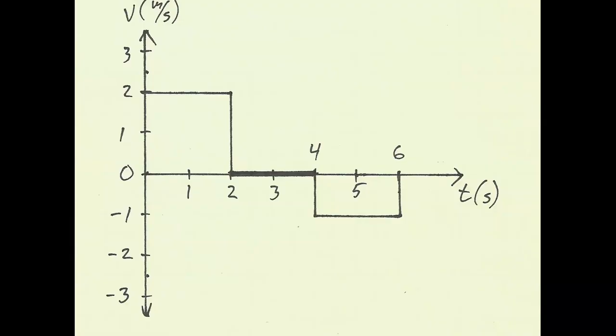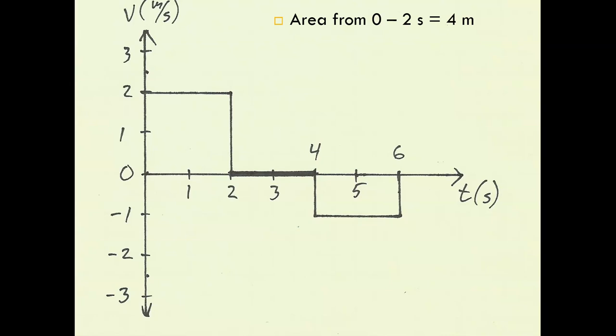Okay, so if we take a look at this, what's the area underneath the first segment? 2 times 2 meters per second, which gives us 4 meters. Okay, so that area is 4 meters. What's the area under the 2 to 4 seconds going to be? Nope.